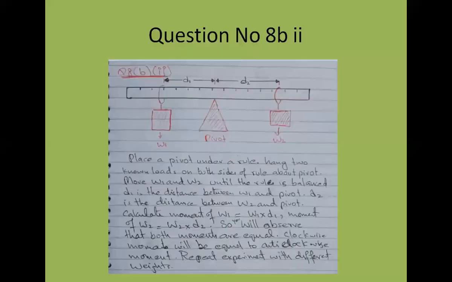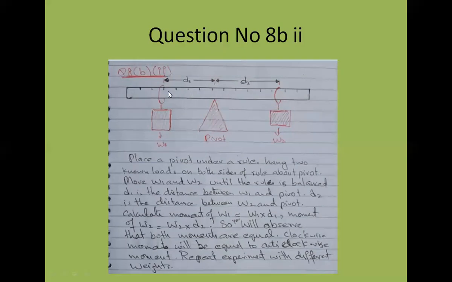I have tried to write this answer in a short way, but hopefully you can write a better answer. They ask us to make a diagram also. Here you can see I have drawn a scale and a pivot, and the scale has been balanced on this pivot. There is a weight W1 hanging on the left side and a weight W2 hanging on the right side.